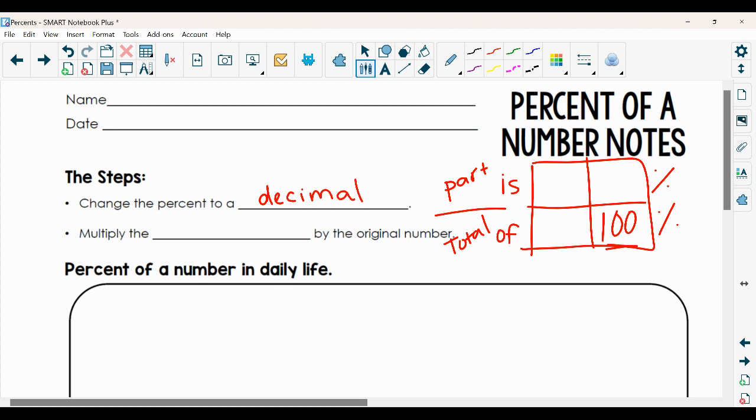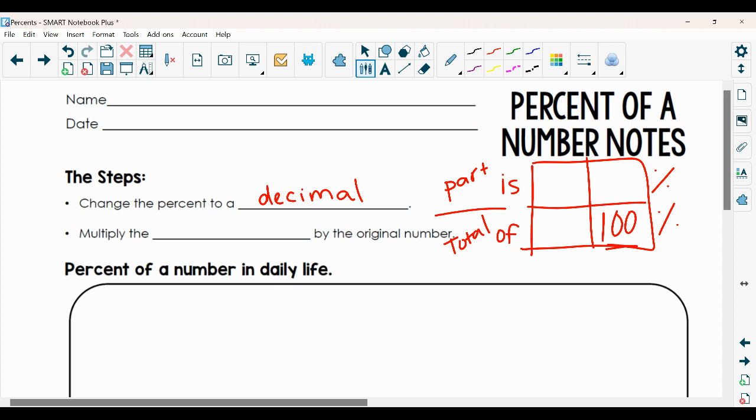And a quick way to change a percent to a decimal is by using your handy dandy calculators. If I wanted to make 16% as a decimal, I would type in 16 on my calculator.